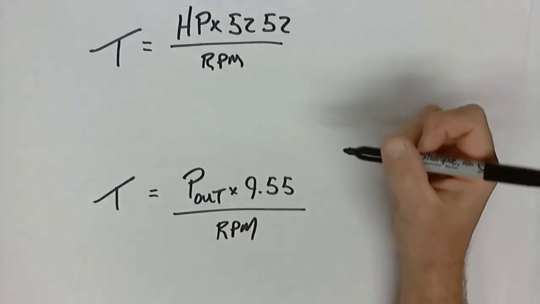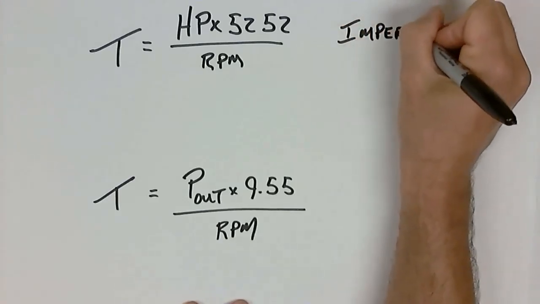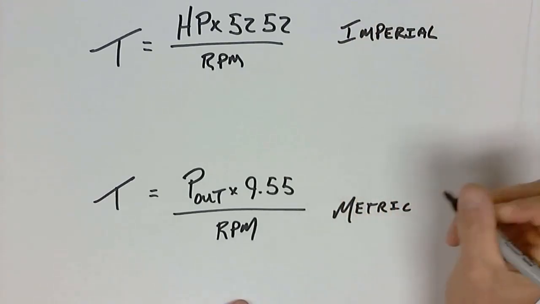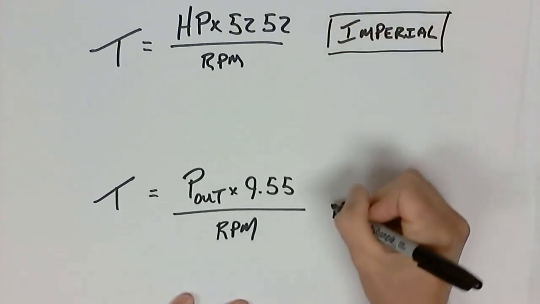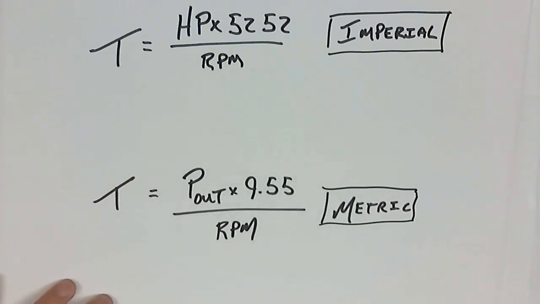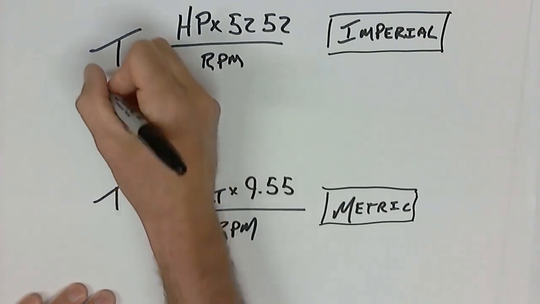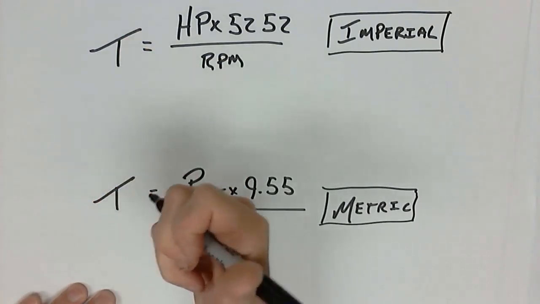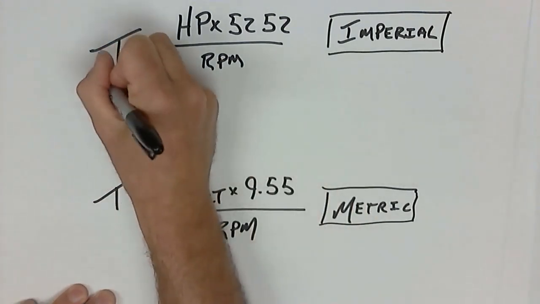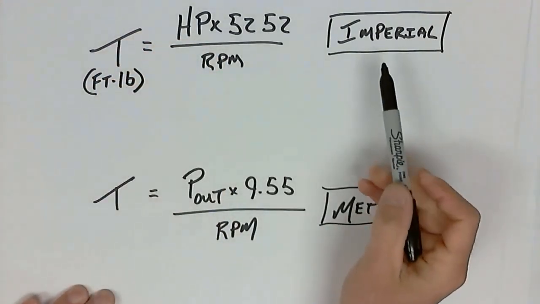So what these are showing the difference between is imperial and metric. That's the only difference. Imperial is the one that we are most used to referring to and use in everyday life. So torque, again, T represents torque. Torque is not only an amount of force, but it's also in a direction. And so torque is measured in foot-pounds when we refer to imperial values.